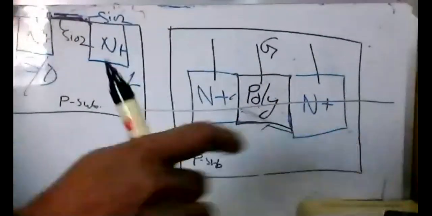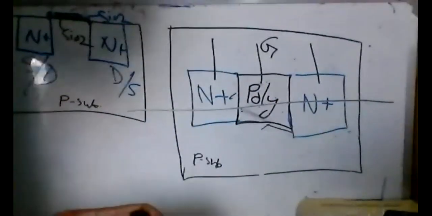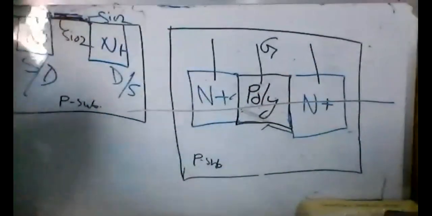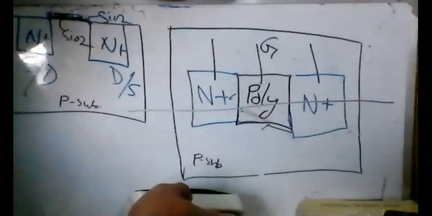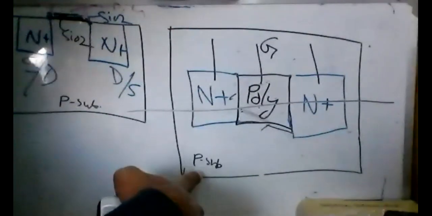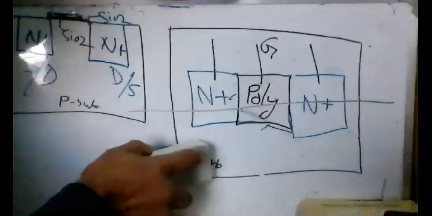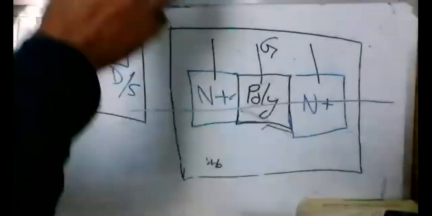And what happens in the p-type? Now you can do it by yourself. In case of p-type, just compare with this one. For p-type, we need an n-type substrate, just opposite.